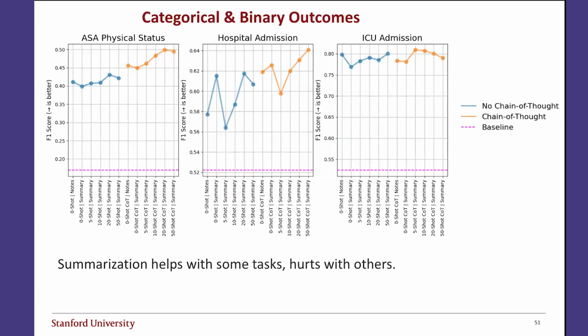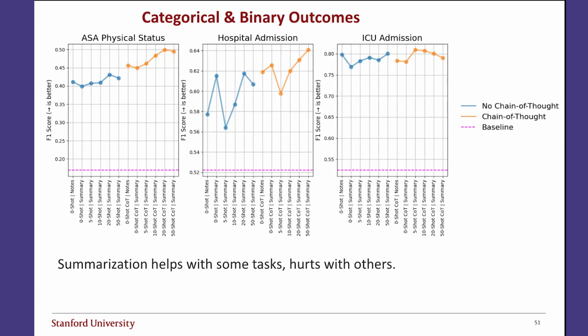So how does the model do? GPT-4 Turbo is actually able to do some of these tasks pretty well. These are just some of the categorical and binary outcomes. As you can see, as we move from left to right, we're basically increasing the few shot prompting.